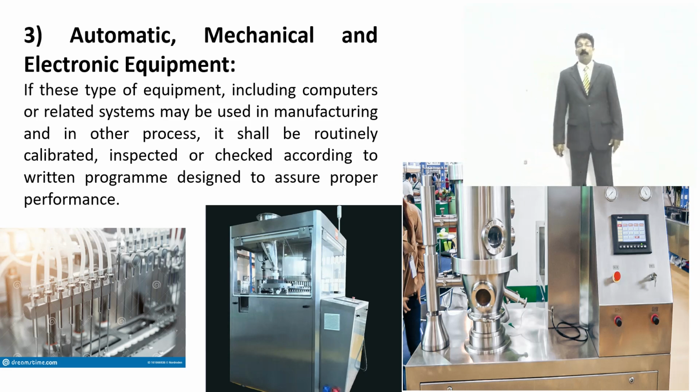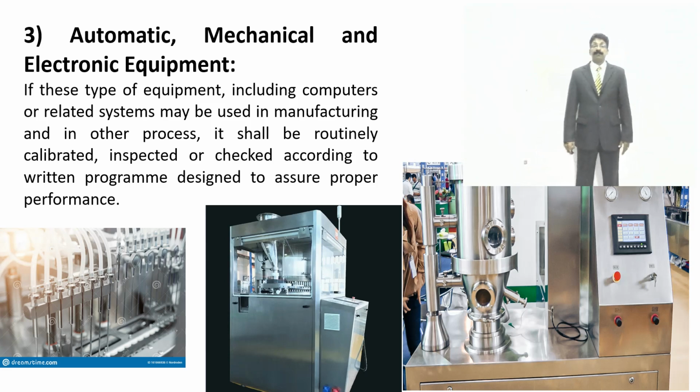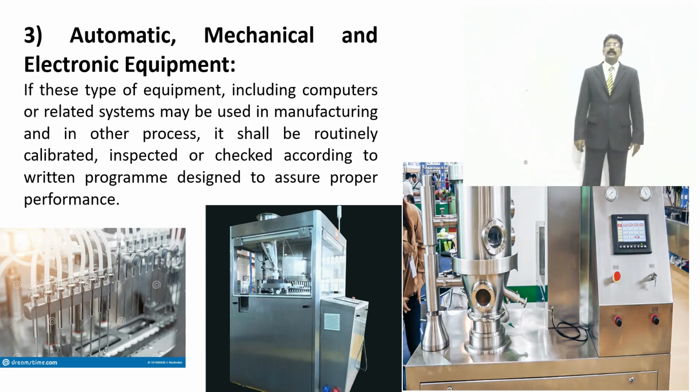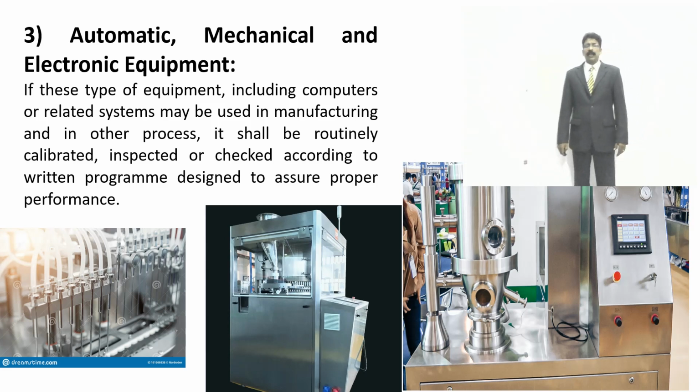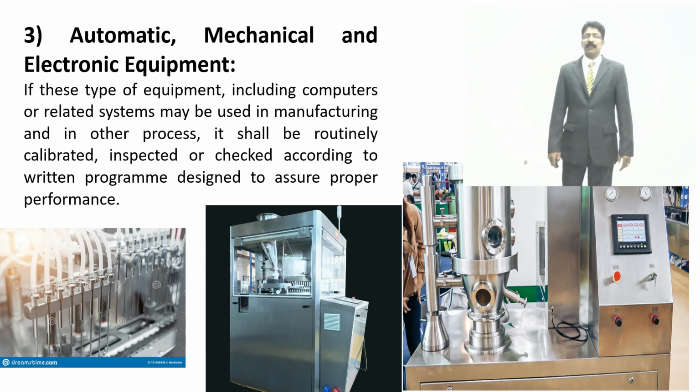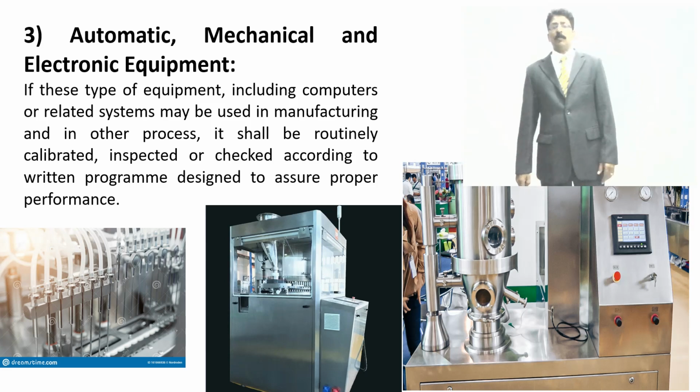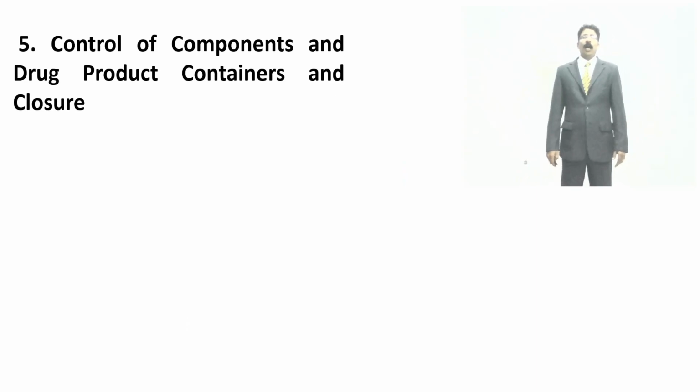You have a rotary punch instrument there, and this is also an instrument which can be operated with a computerized system. And the fifth one, you can see after equipment, is control of components and drug product containers and closures.